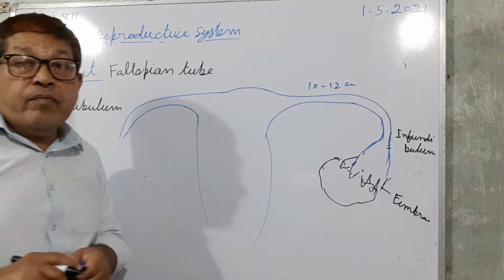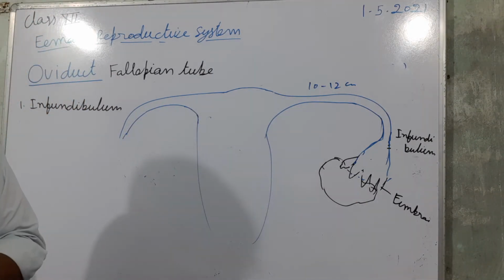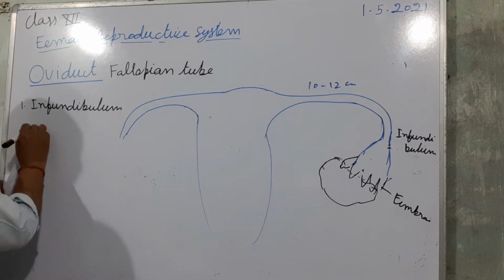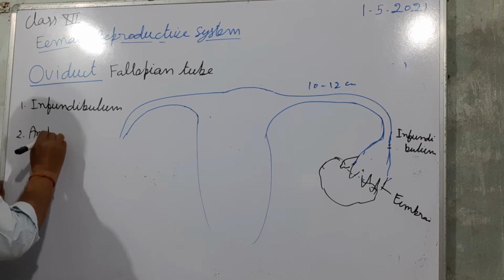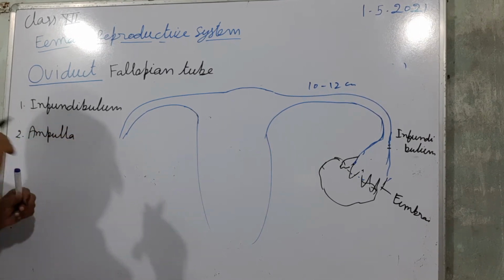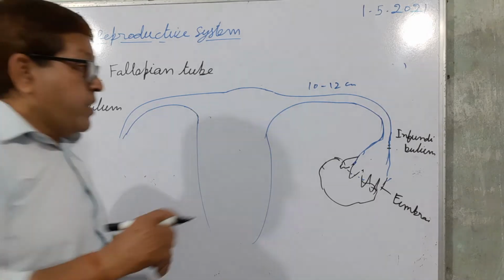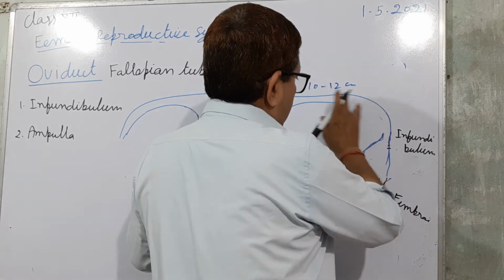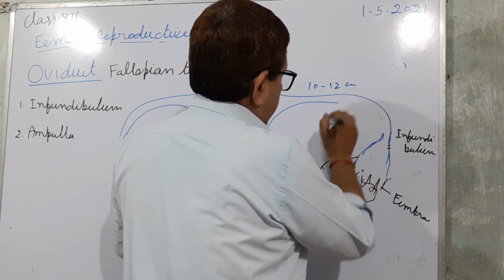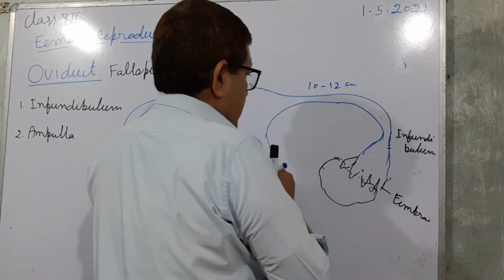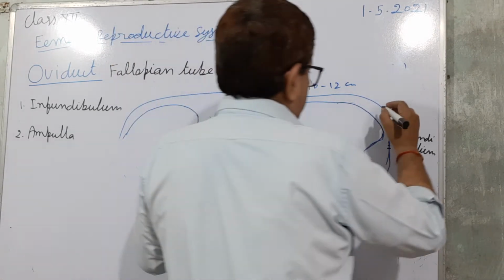And next part is called the ampulla. This is the wider part, a little wider part, and this wider part is called as the ampulla.